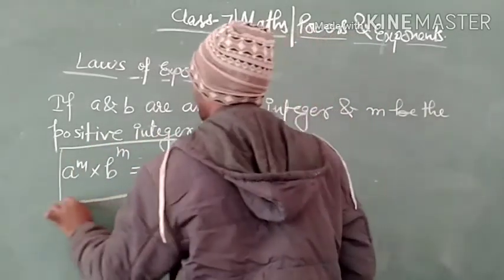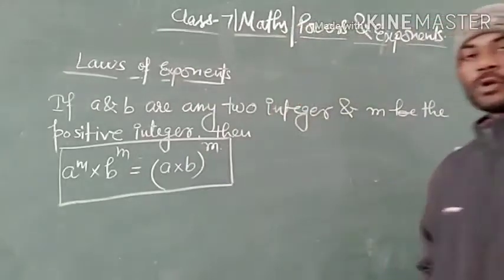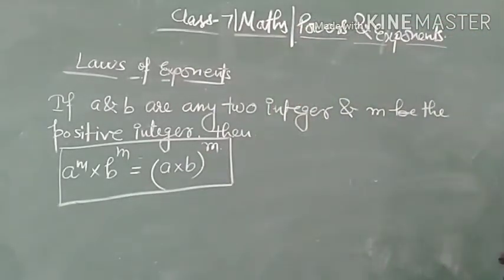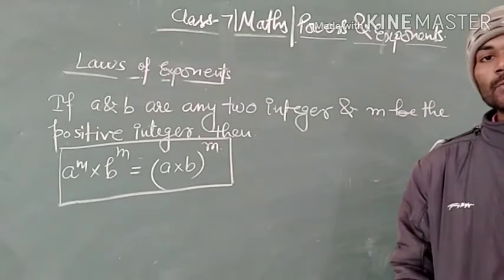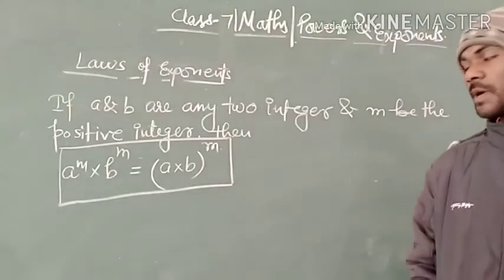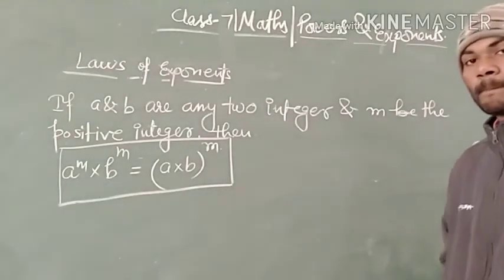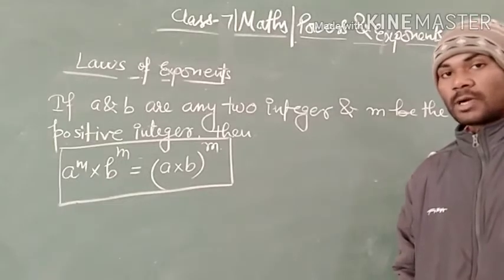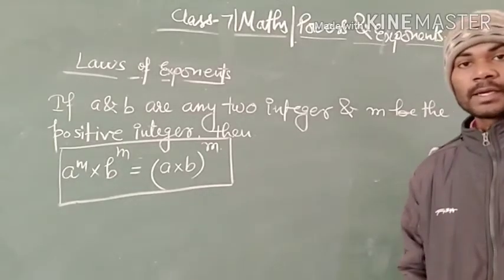This is the fourth rule. a to the power m into b to the power m can be written as a into b and whole to the power m. So now let's see it by an example.